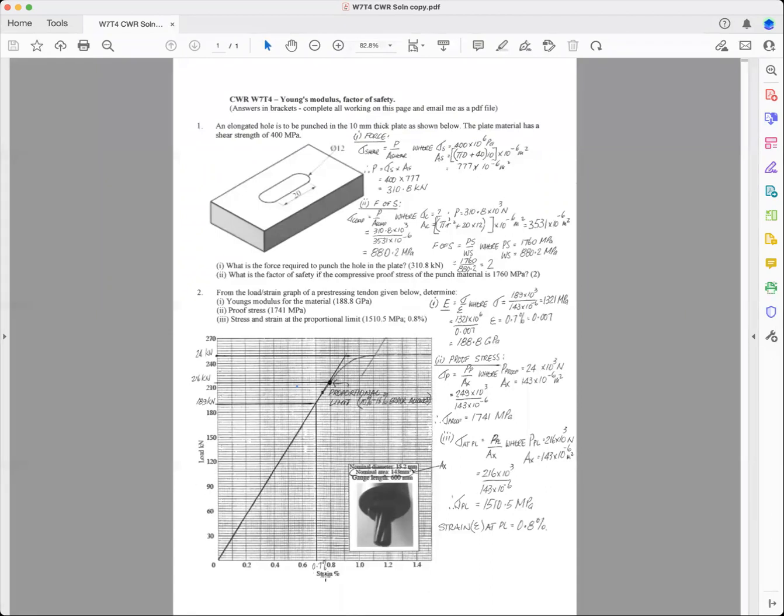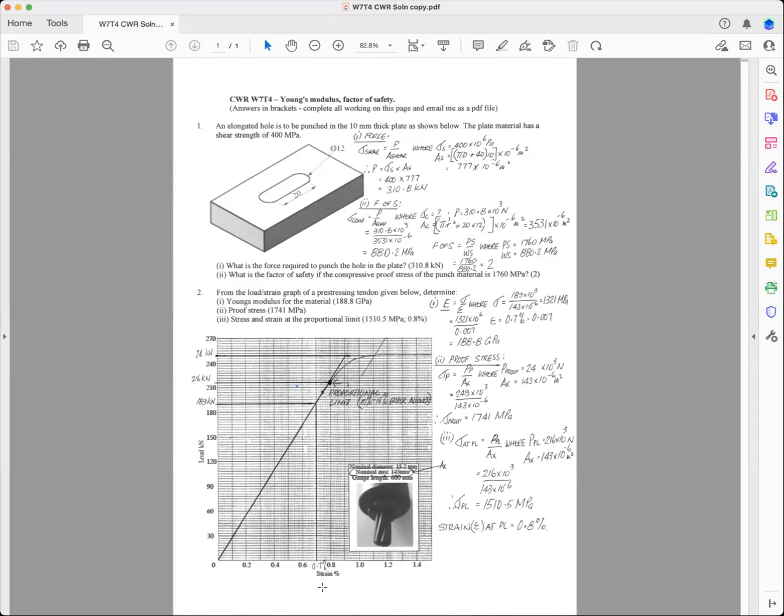Now down here, you probably already know that you can't put percentages into equations, because a percentage is a ratio. Per means divide, so 0.8% is 0.8 divided by 100.